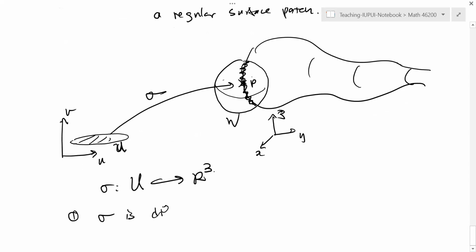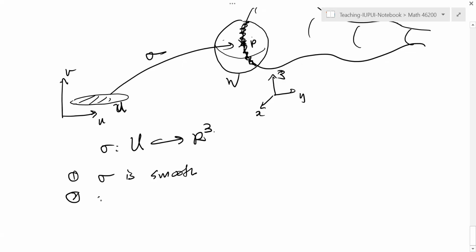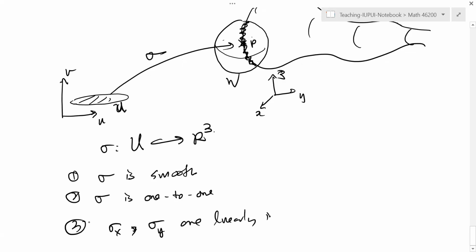First, sigma is smooth, differentiable as many times as you want. Second, sigma is 1 to 1. Third, sigma x and sigma y are linearly independent. Those are the three properties we want to keep.